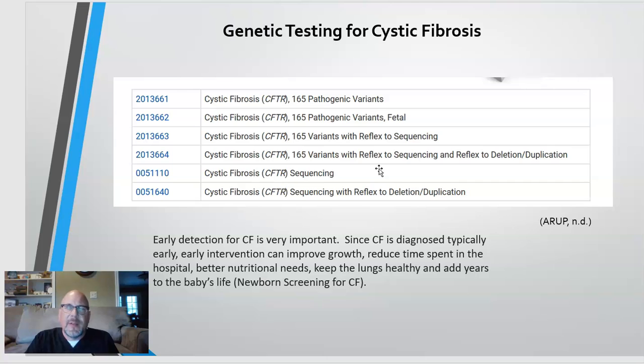For cystic fibrosis, this is part of the typical newborn screening as well, because if they can identify this early, there are a lot of things they can do to help add years to their life, better nutrition, and lung function, if they can catch it at an early age.